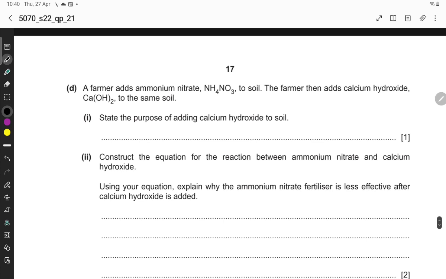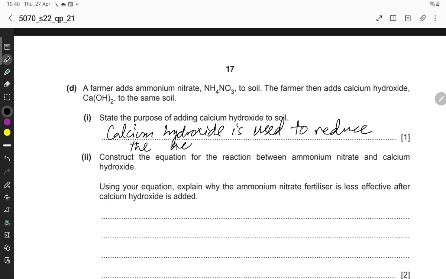A farmer adds ammonium nitrate to soil. The farmer then adds calcium hydroxide. State the purpose of adding calcium hydroxide. Calcium hydroxide is used to reduce the acidity of soil.